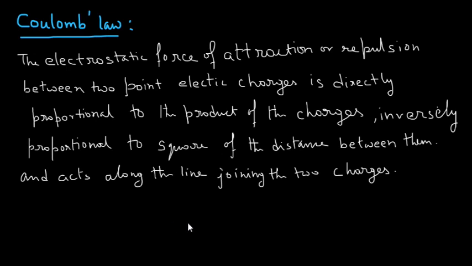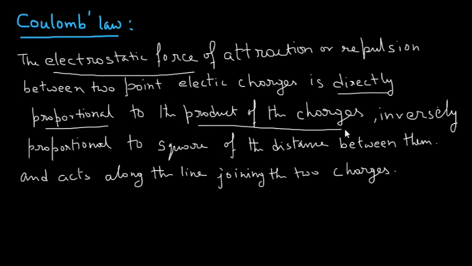Now, let us repeat it. The electrostatic force of attraction or repulsion between the two point charges is directly proportional to the product of charges and inversely proportional to the square of the distance between them, and it acts along the line joining the two charges. Now let us explain this law.